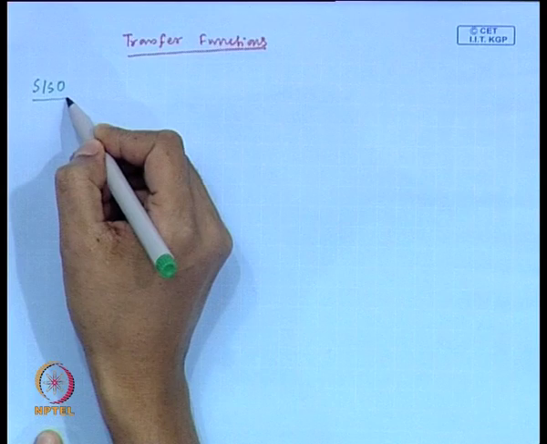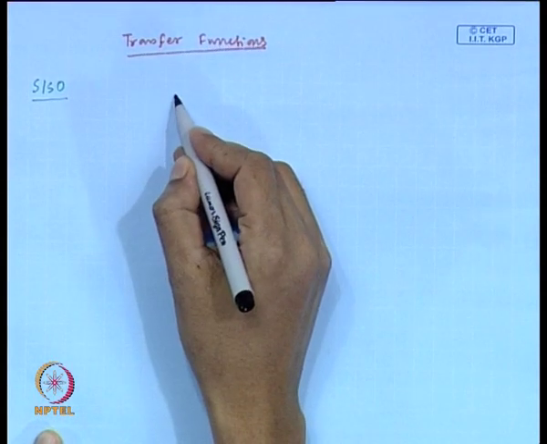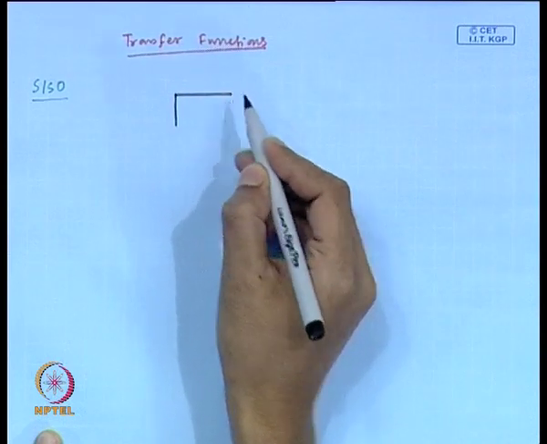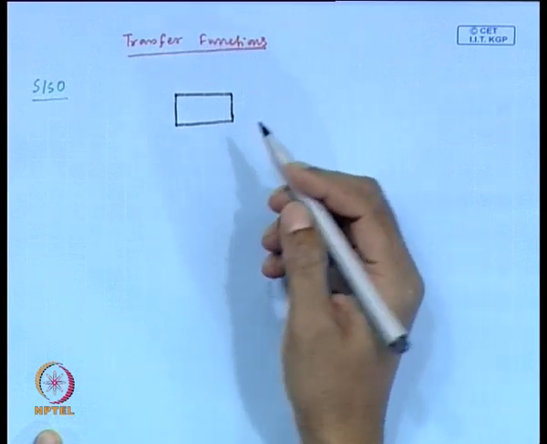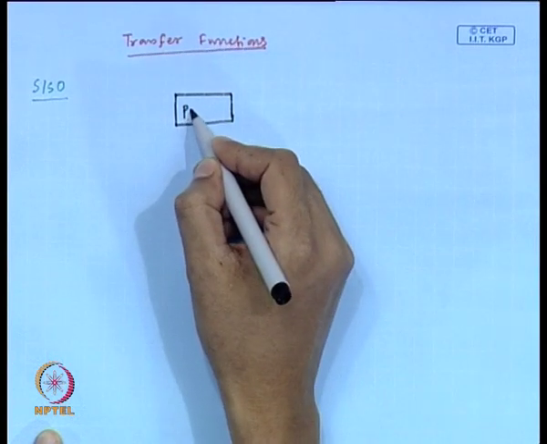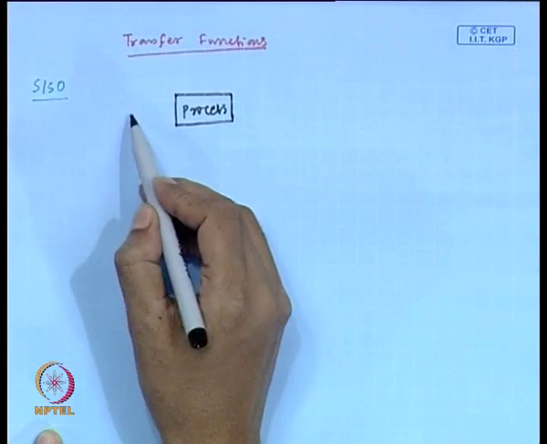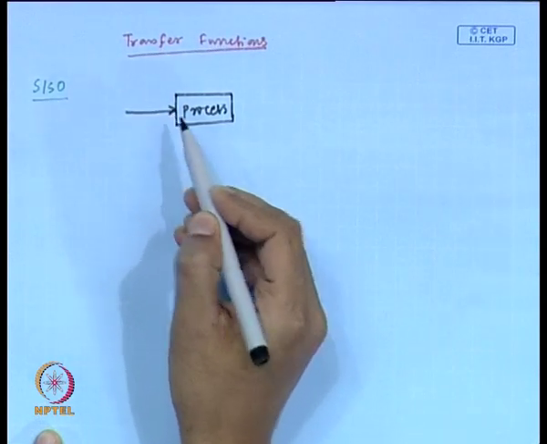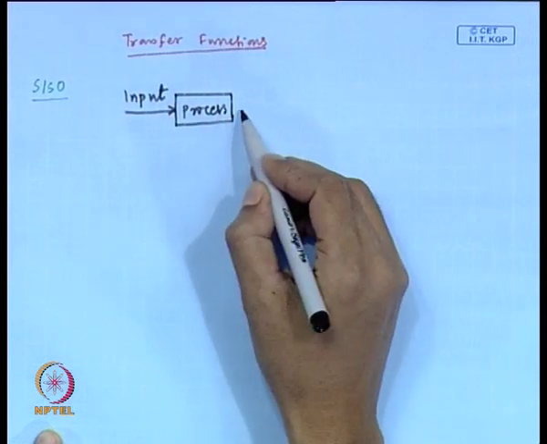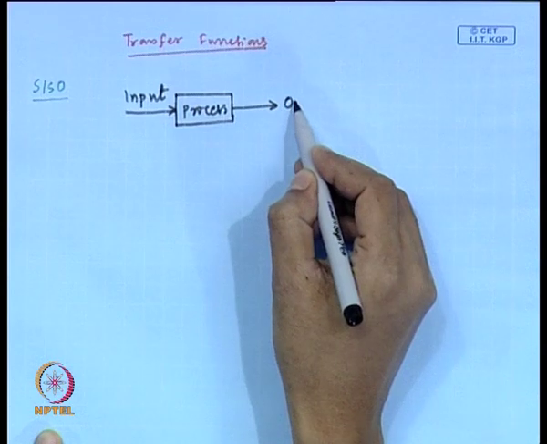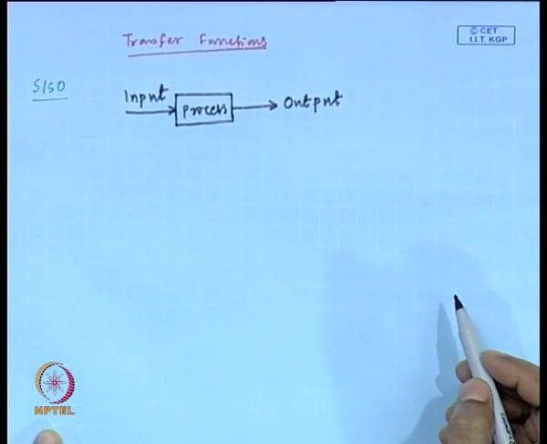So, for a seesaw system, the process involves a single input and a single output. Suppose this is a process, this is the input to the process, and this is the output of the process.